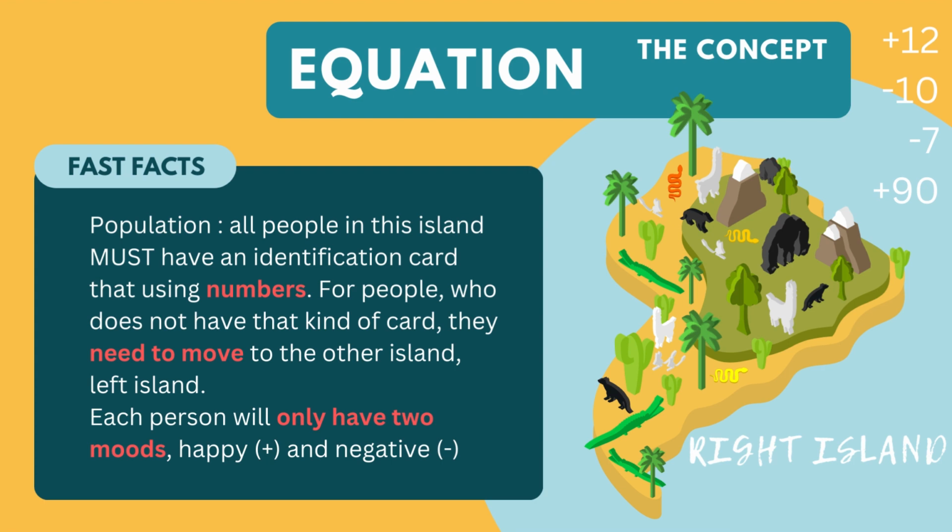If there are people who stay on this island who don't have this kind of number, they must move to another island. Again, just imagine that we have only two islands on this earth, so they need to move to the left island. Okay, so please remember this concept, and we will use it for solving an equation.